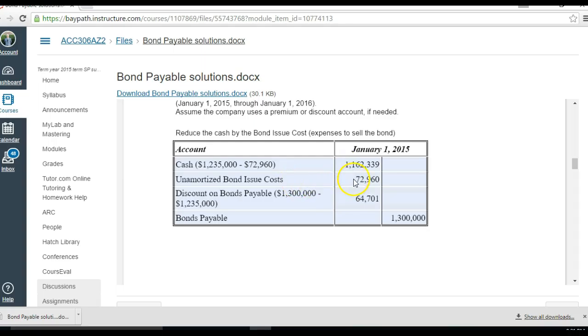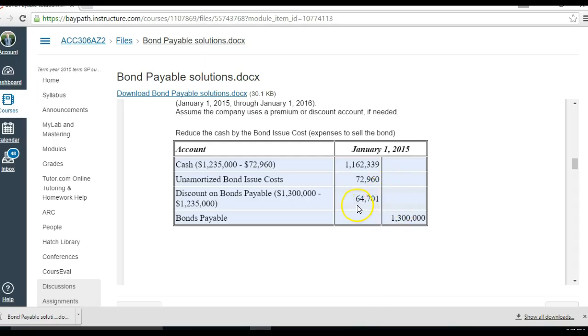The bond issue cost gets put on the books as unamortized and will be amortized every period. The bond is always put on as a liability at par value, always, $1,300,000.